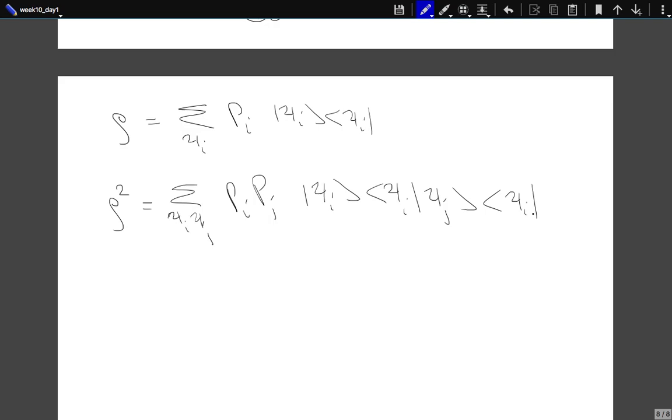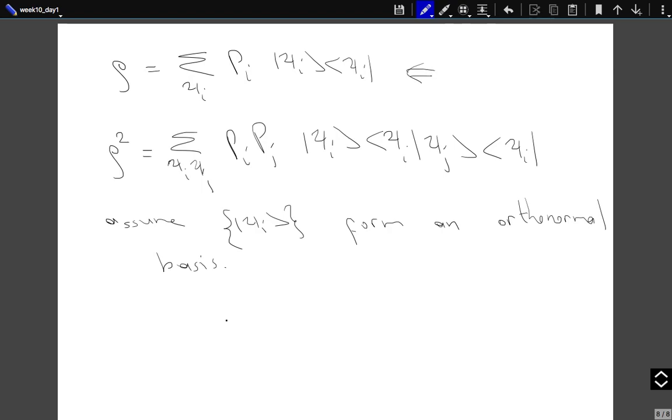Now I will make an assumption, which is not really necessary, but just simplifies it a lot. You see, in the definition of the density matrix, I didn't say anything about whether the psi i are orthogonal or not. But I will assume that they form an orthonormal basis.